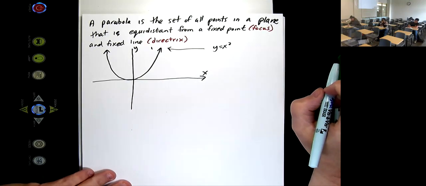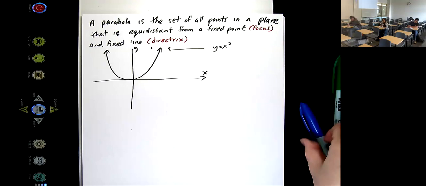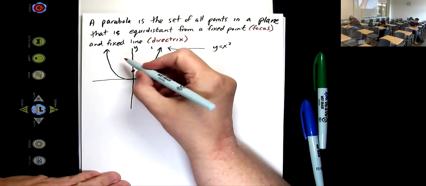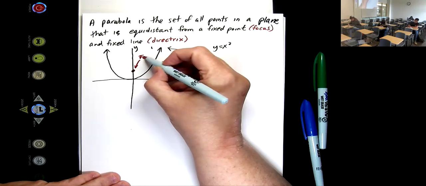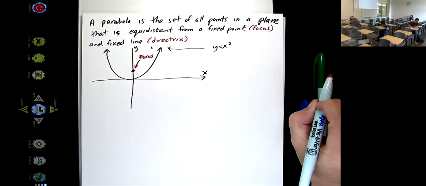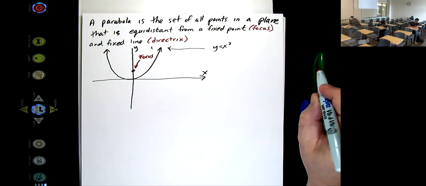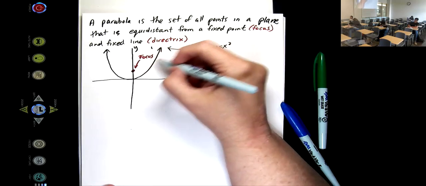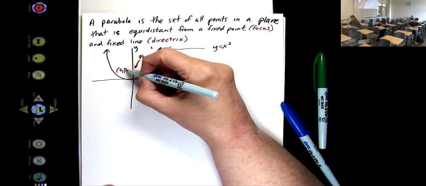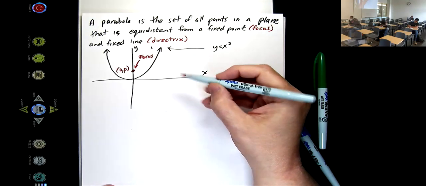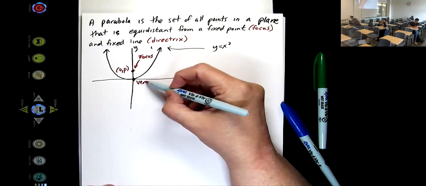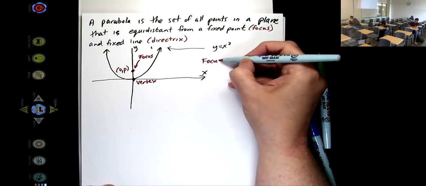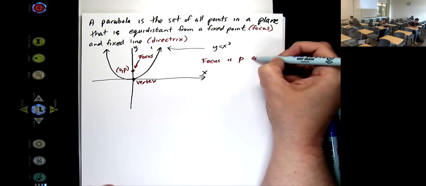It is not symmetrical at all. The focus is on the axis of symmetry. And we say for the base version that this is at (0, p). And that's my vertex right there. So the focus is p away from the vertex.